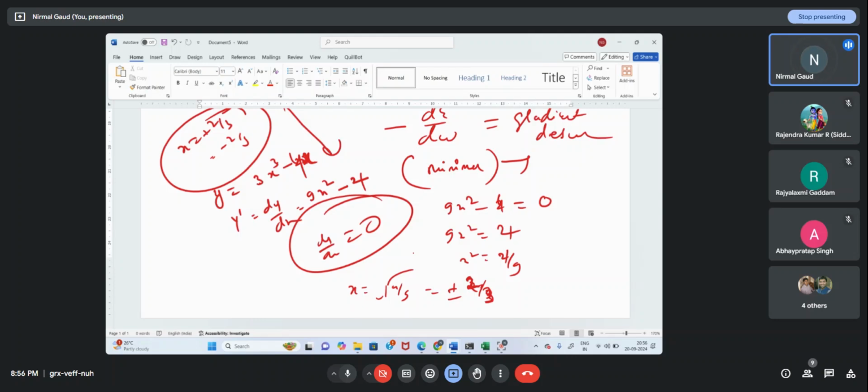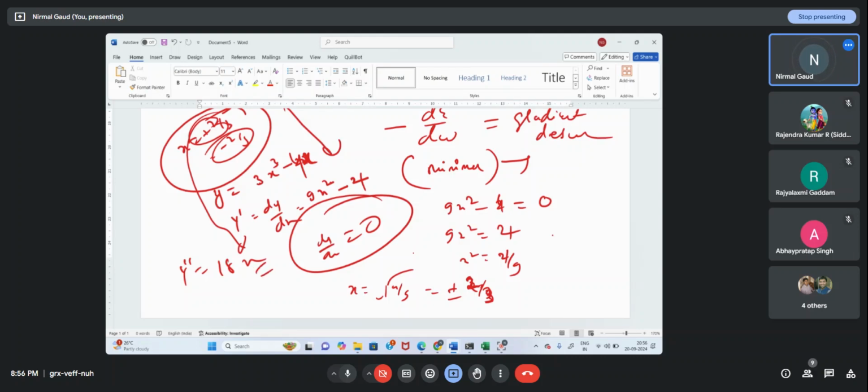Now again you have to perform the double differentiation. So y double dash will be 18x, and whatever values you have obtained in the first differentiation, put them inside y double dash in place of x.